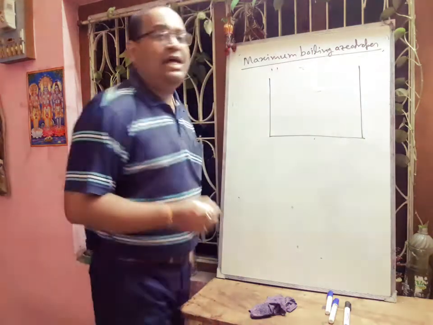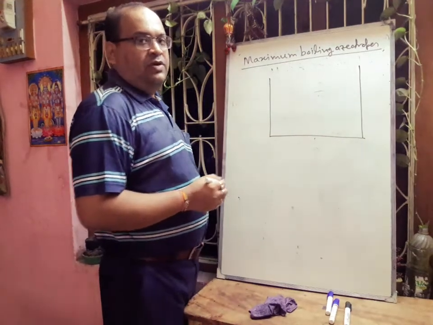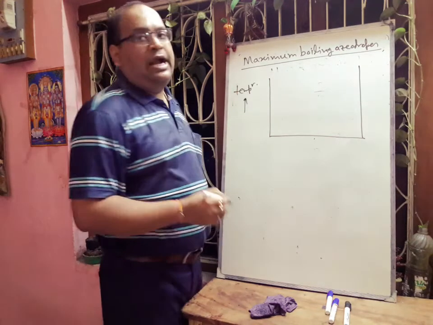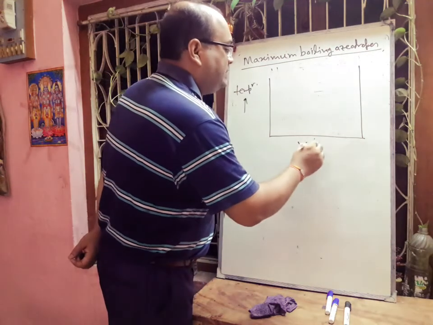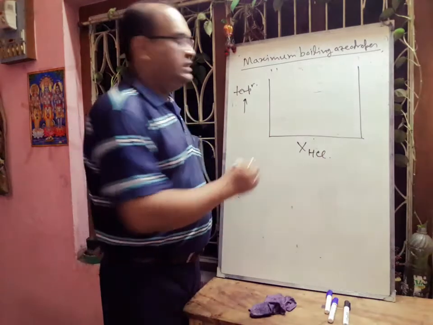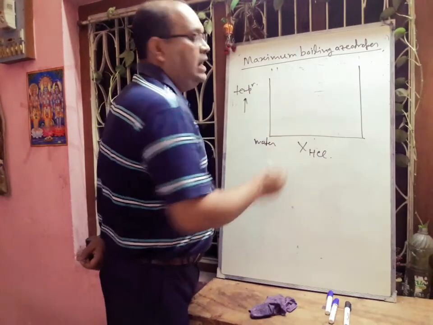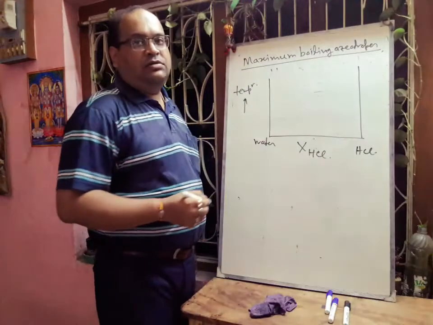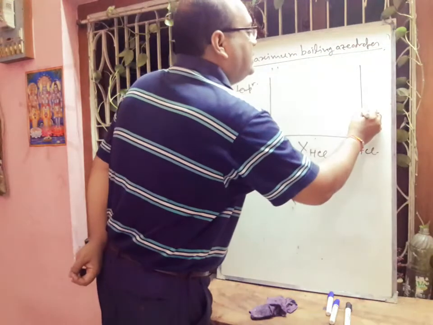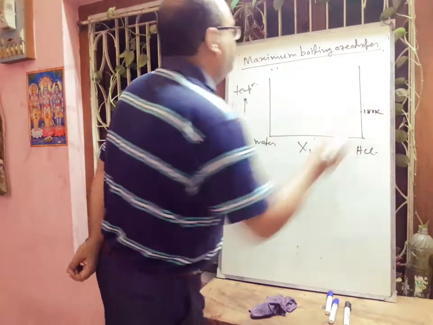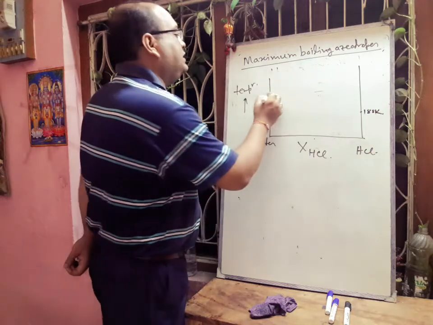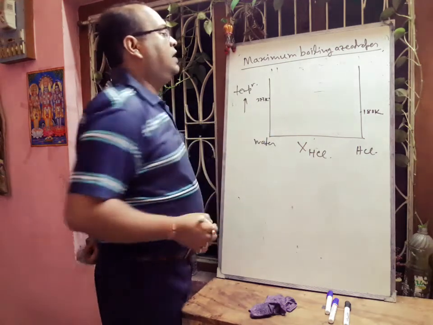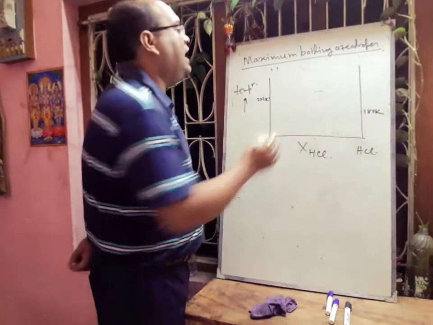Here it is showing the negative deviations. This side we are plotting the temperature, and here is the mole fraction of HCl. This side is water, and here is the HCl. Now the boiling point of HCl is 188 Kelvin, and the boiling point of water is 373 Kelvin. Now the azeotrope boiling point will be higher.